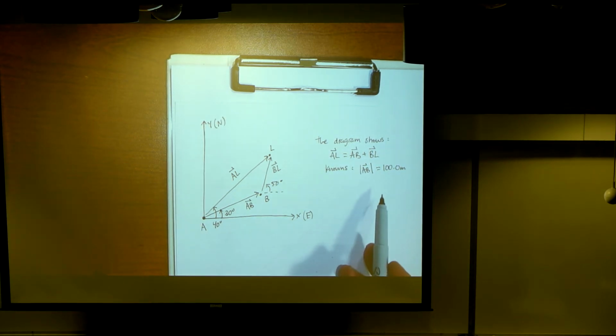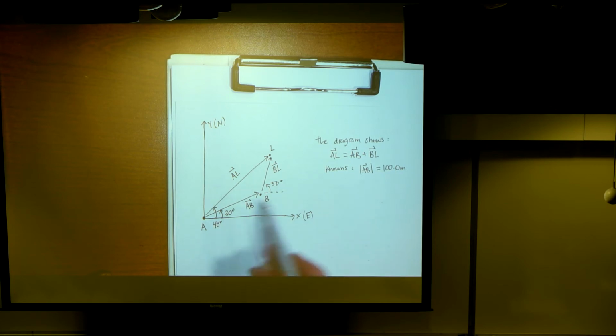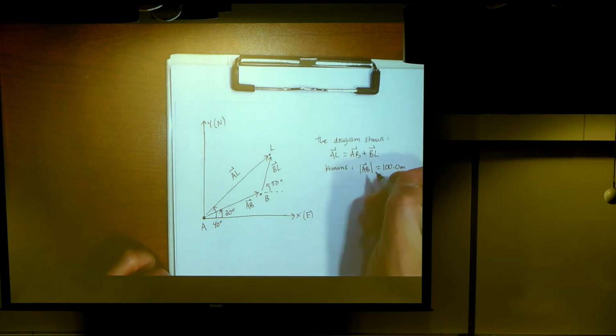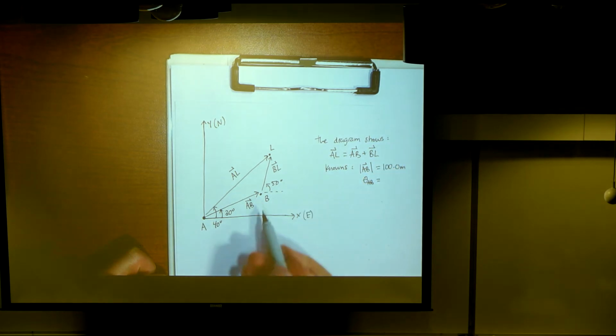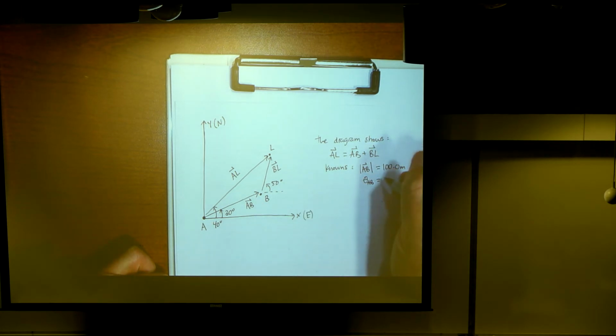Does that make sense what I just said? The distance between Alice and Bob is the length of this vector, and that's 100 meters. We know that. We also know some angles, don't we? We know the angle of my vector AB off the x-axis, which is 30 degrees.